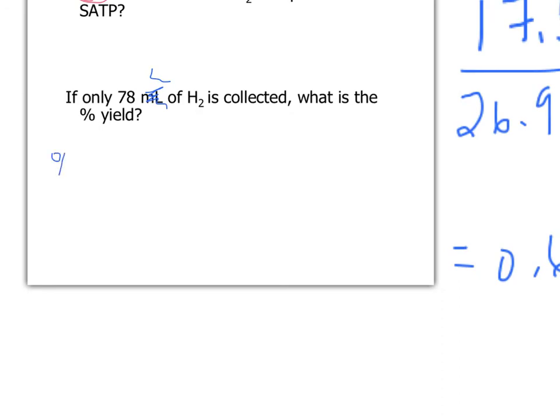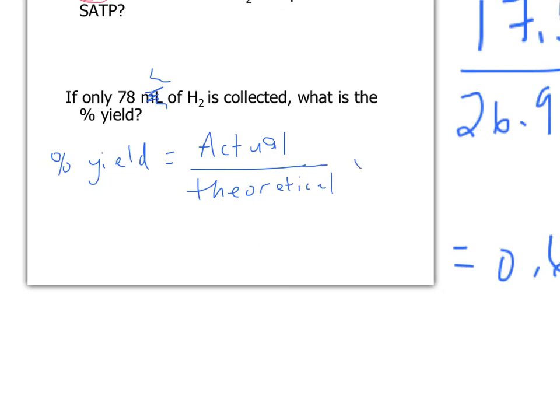So here's the equation for percent yield. It's the actual yield, which is how much you really collect, divided by the theoretical yield, which is how much stoichiometry told you should get. And then in order to make it a percentage, you times it by 100.